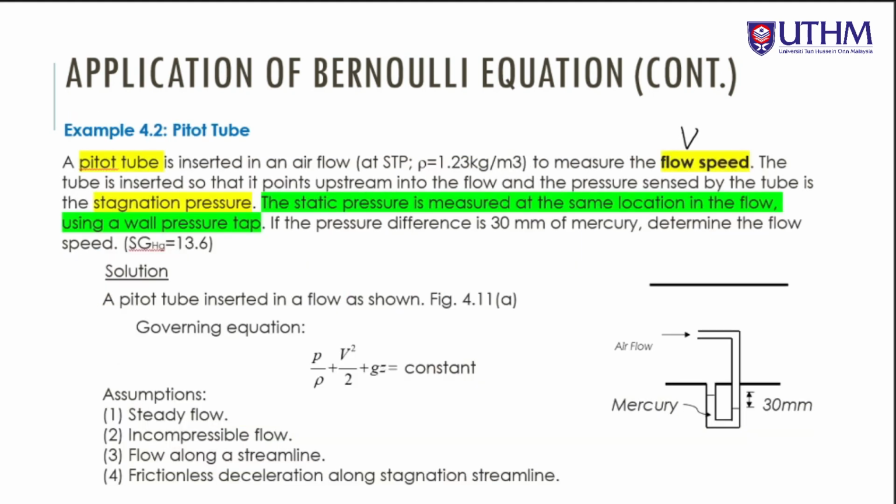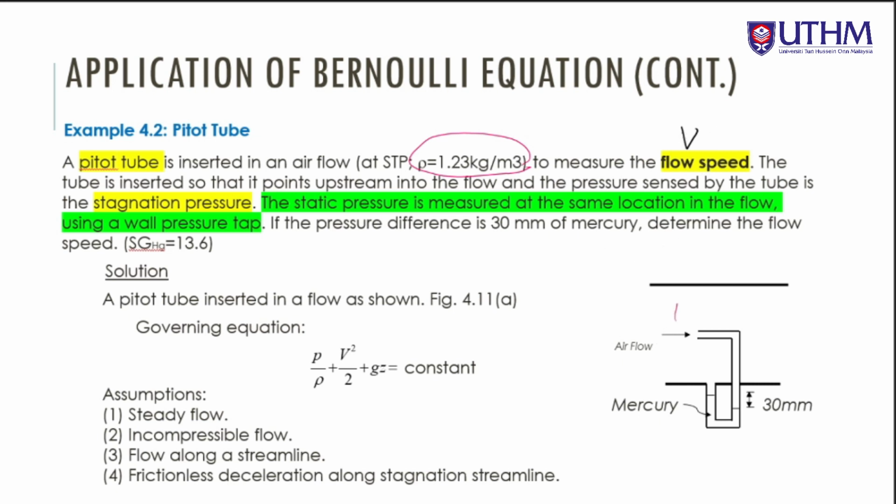So as usual we do an example to understand the concept better. This is related to the pitot tube. A pitot tube is inserted in an airflow with density 1.23 kg per meter cubed, to measure the flow speed.